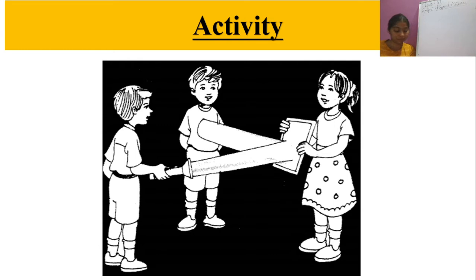Yes. So students, have you seen that we have three children in this picture, right? And they are doing some activity. Okay. So one child has a torch, right? And the second child, that is a girl, has a mirror.